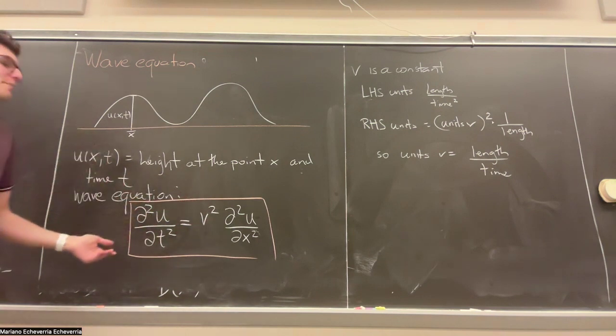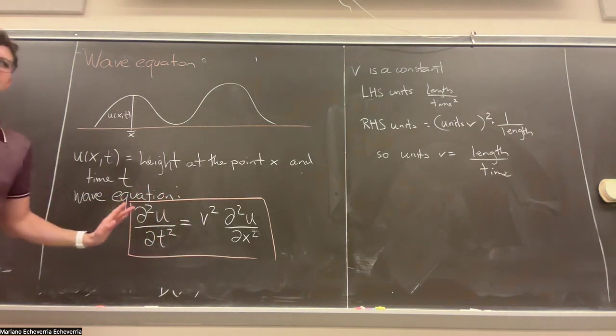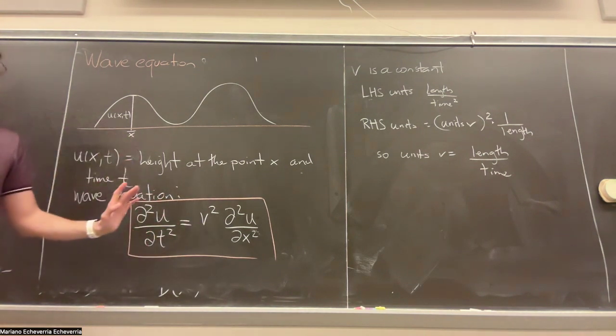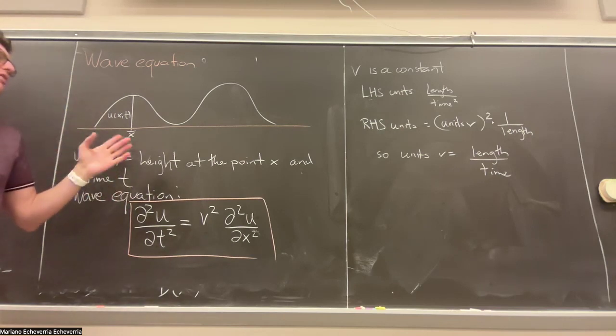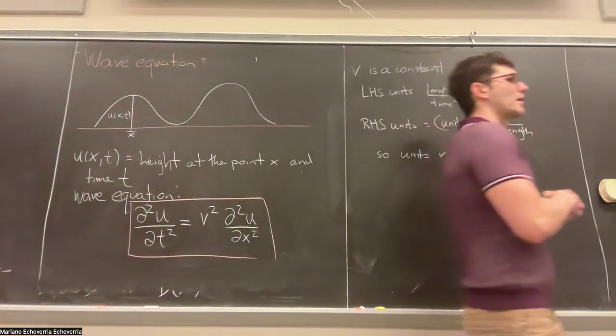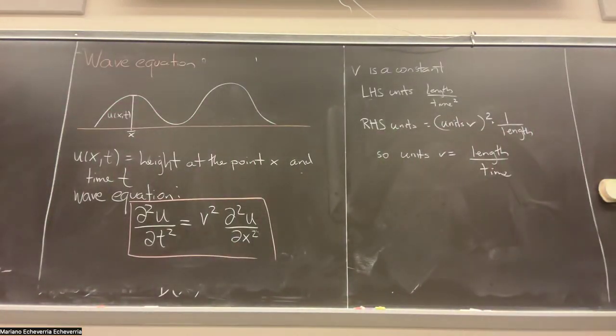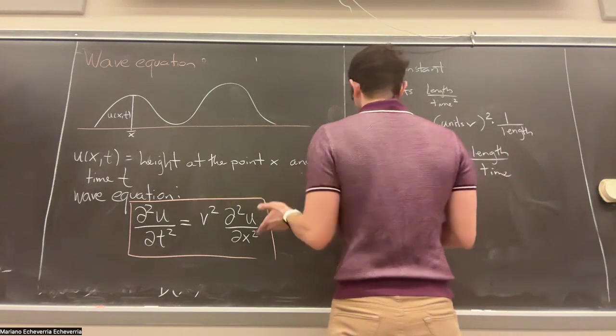At a minimum, you need the second partial derivatives to make sense. There's not much loss in generality in just trying to find solutions that are smooth. So as a first approximation, we're going to find all the functions that are smooth, meaning you can take as many partial derivatives as you want, and that satisfy the wave equation.